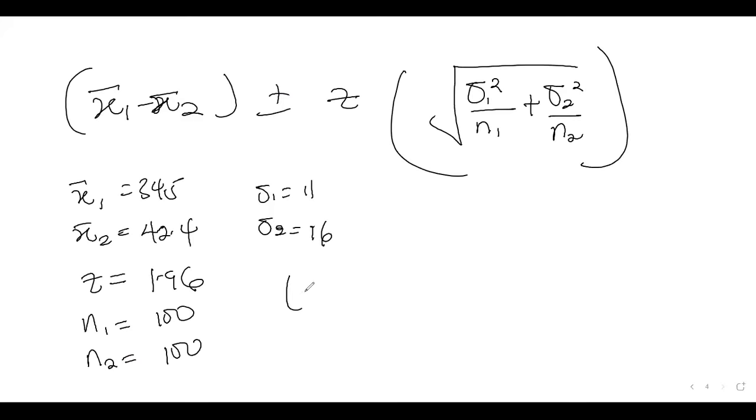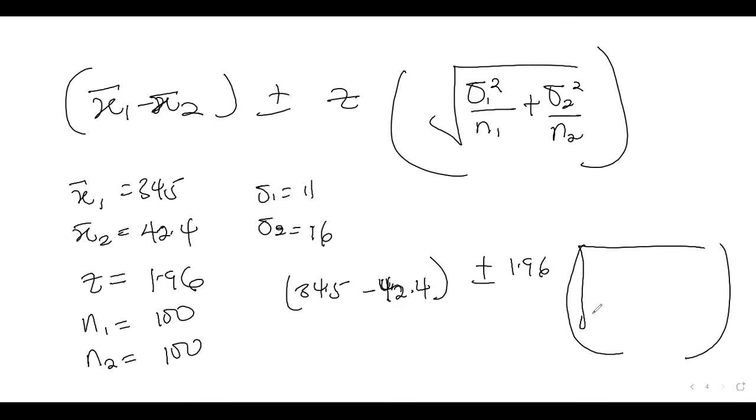So the point estimate will be 34.5 minus 42.4, plus or minus the Z, which is 1.96. Then the standard error will be the square root of 11 squared over 100, because the standard deviation of group 1 is 11, so 11 squared per the formula over the sample size of group 1, which is 100, plus the standard deviation of group 2 is 16, so we have 16 squared over 100.